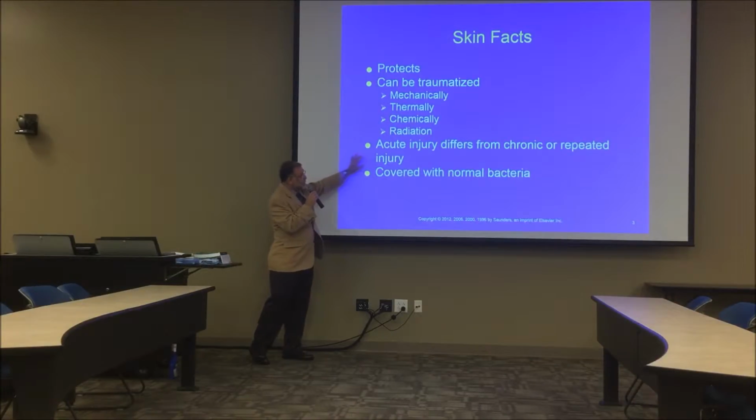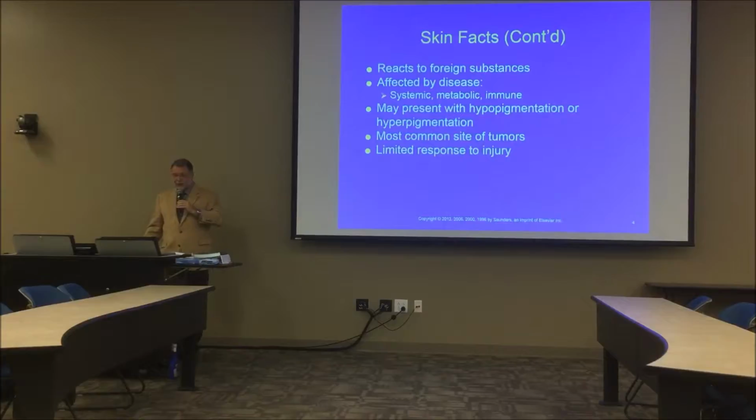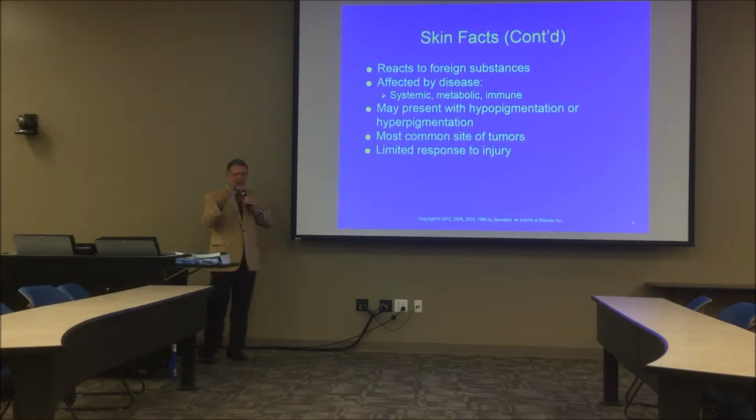Acute injury differs from chronic or repeated injury, and normally there will be normal bacteria over the skin. It reacts to foreign substances in a way, and it's also affected by some diseases, metabolic, immune, systemic, and it may change color in some way, such as hypopigmentation. I mentioned last class the injection of steroids in the skin producing skin atrophy, or hyperpigmentation that can be because of some metabolic conditions.